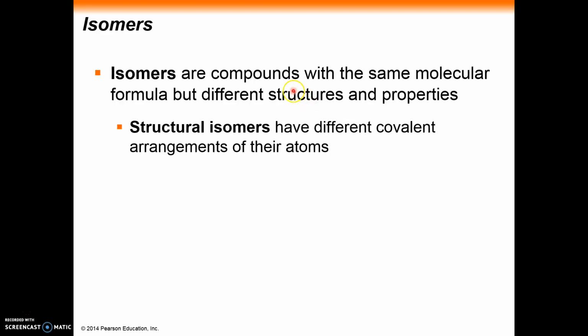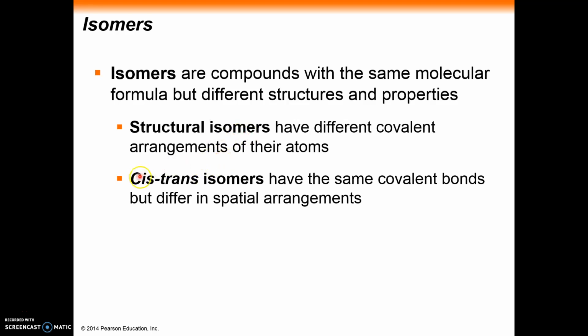So there are several different types of isomers. One is structural isomers. That's where you have different covalent arrangements of their atoms. Okay, and I'll give you examples of all these here in a moment. Let me just kind of list the different versions. Another version is something that we call cis-trans isomers.